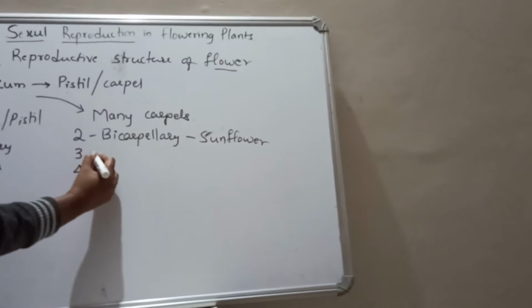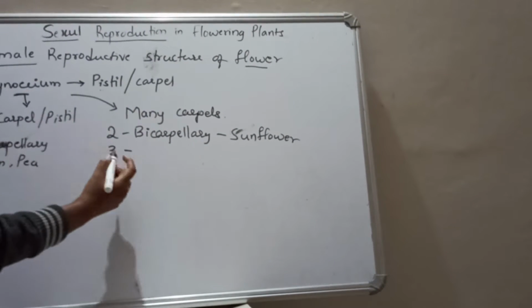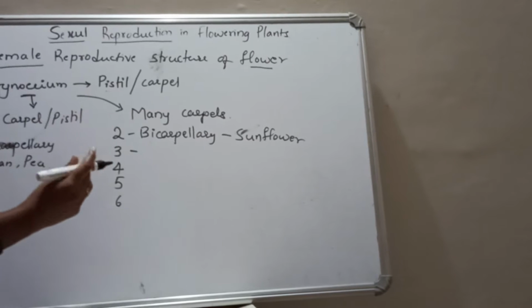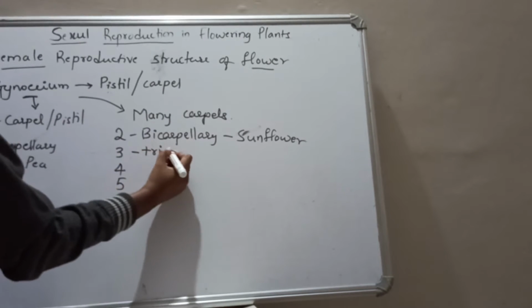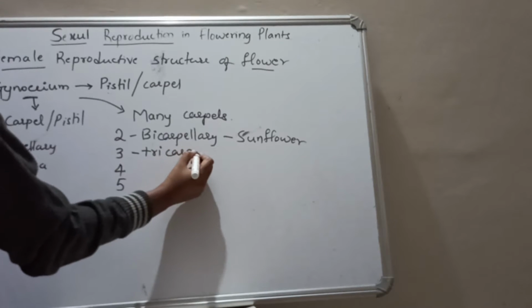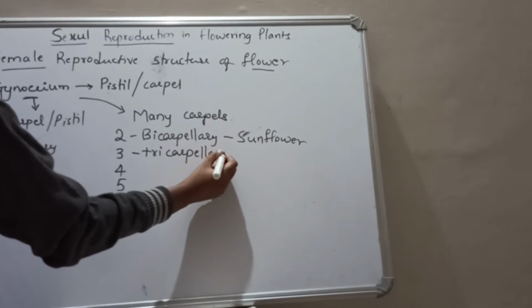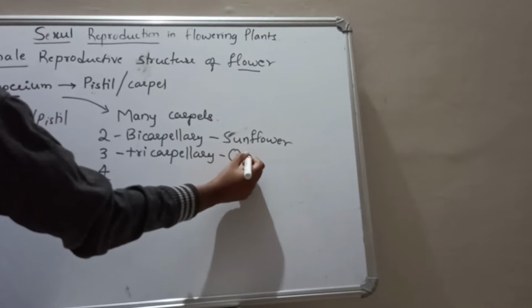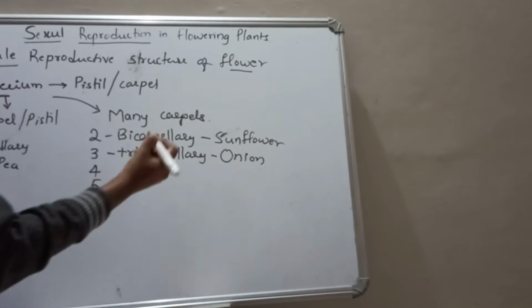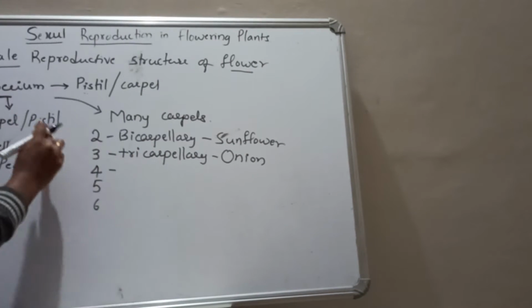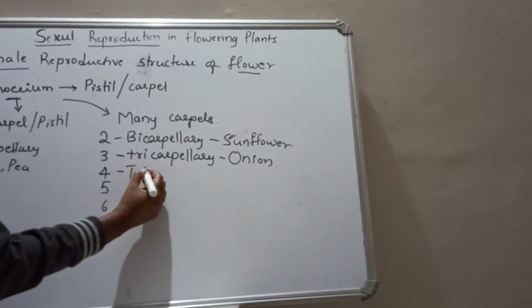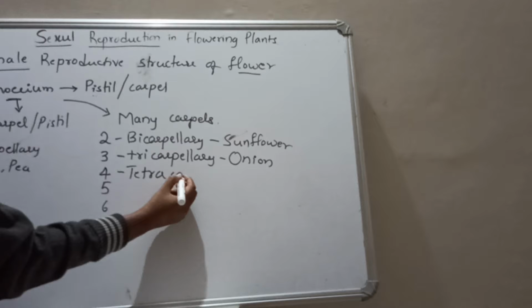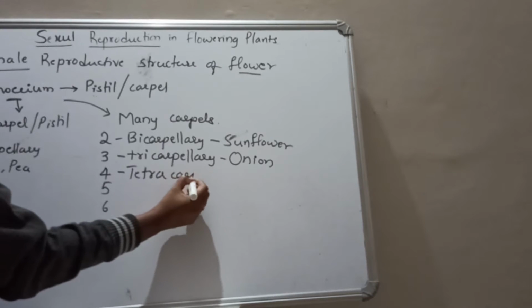Next, if the gynoecium is made up of 3 carpels, it is called tricarpellary. For example, onion. If the pistil or gynoecium is made up of 4 carpels, it is called tetracarpellary.